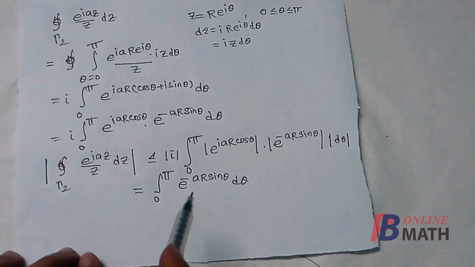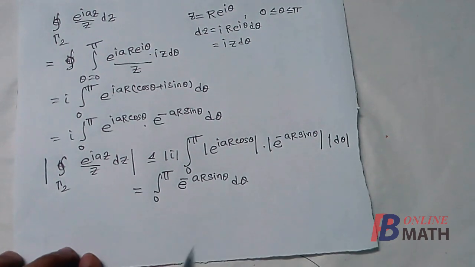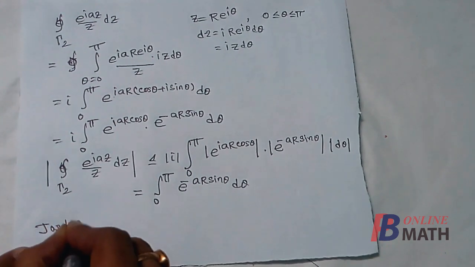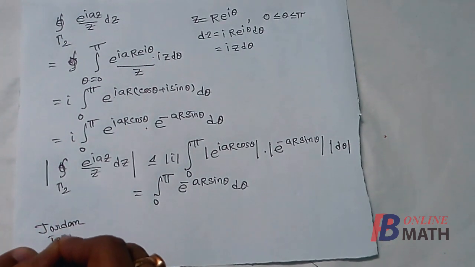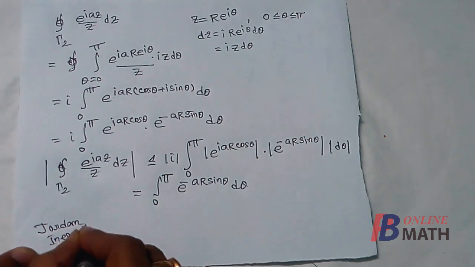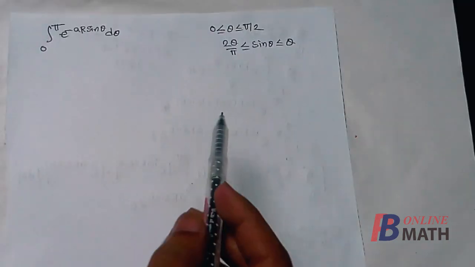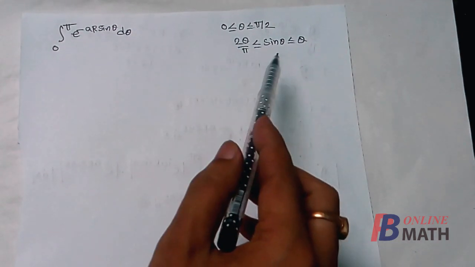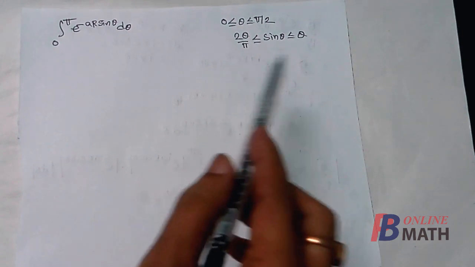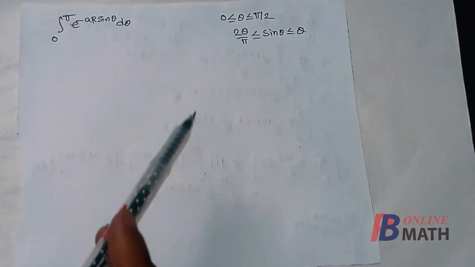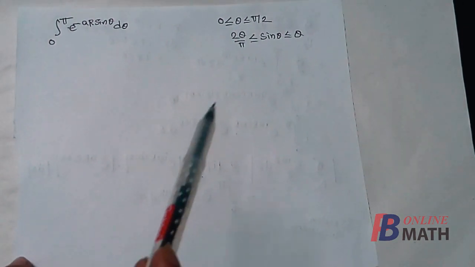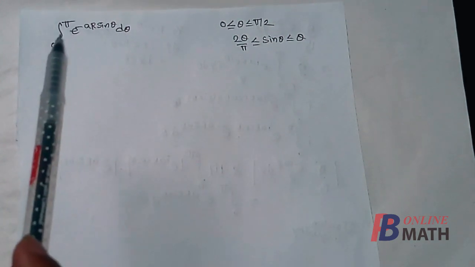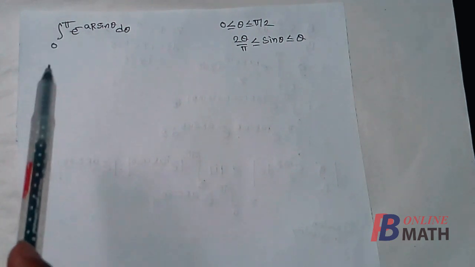Now to evaluate this integral, we have to use one inequality, that is called Jordan's inequality. So if theta lies between 0 and pi by 2, then sin theta lies between 2 theta by pi and theta. Now if we want to apply this Jordan inequality in this integral, then we have to convert the limits of this integral to 0 to pi by 2.